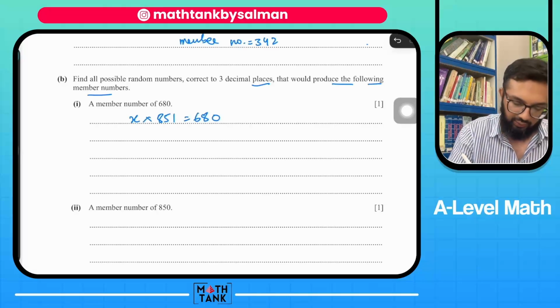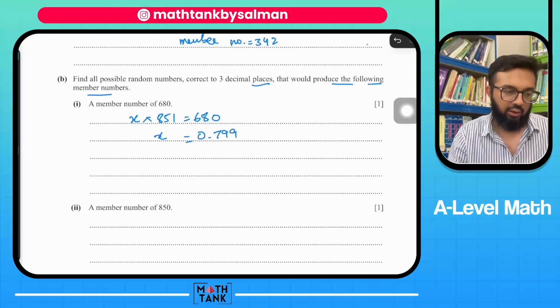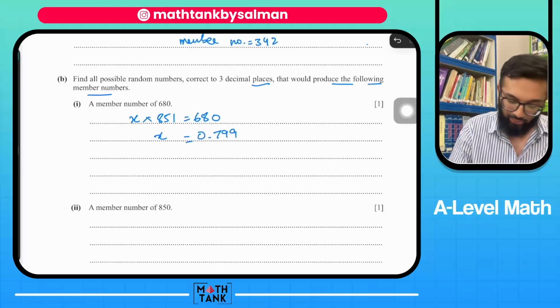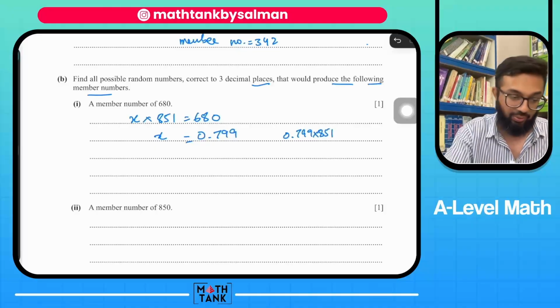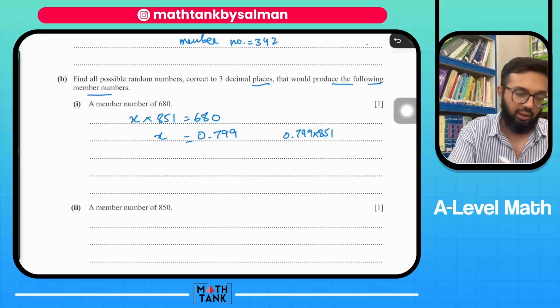Okay, that gives me 0.799. So what I should really do is check: is 0.799 the only number that gives me 680? So what I'm going to do on the side is 0.799 multiplied by 851. Let's see what that gives us, because I have to round off to three decimal places, right?